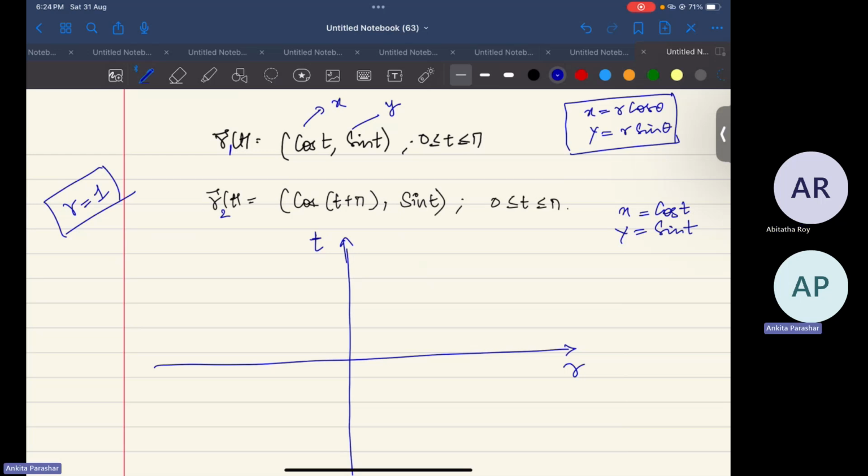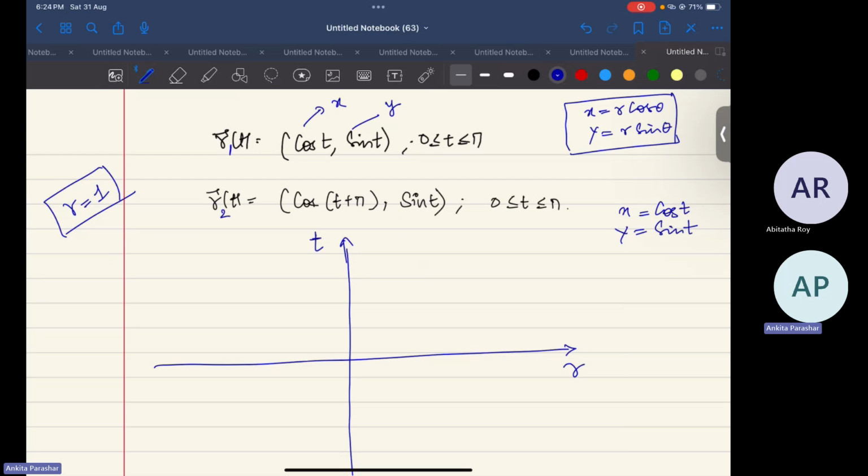Depending on r, it's a circle. If you see it carefully, it's a circle. So radius is one, that means it's a unit circle.